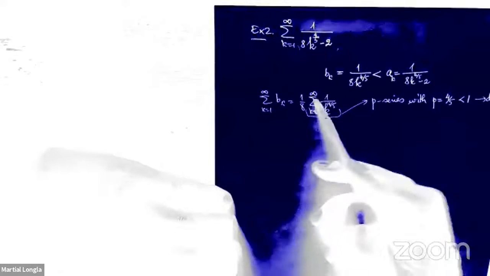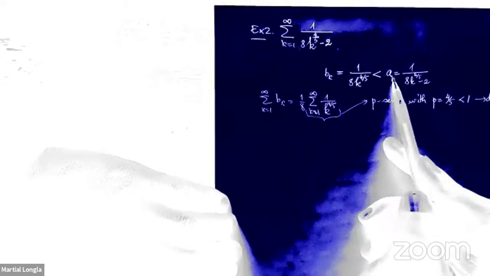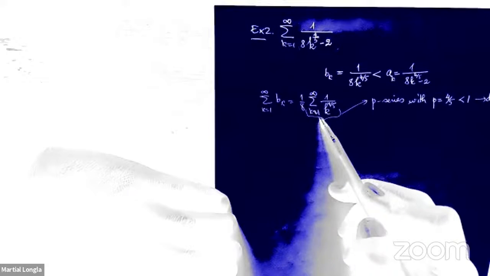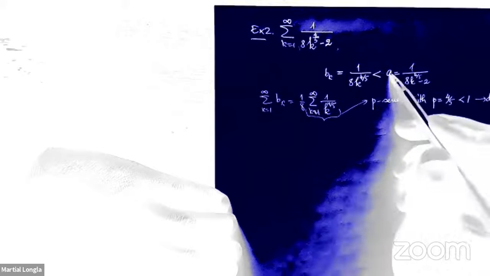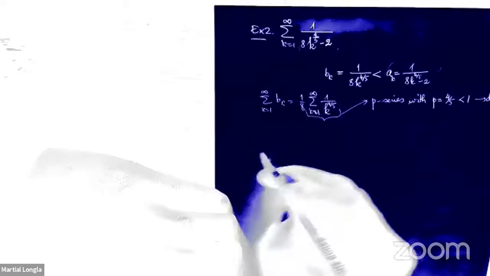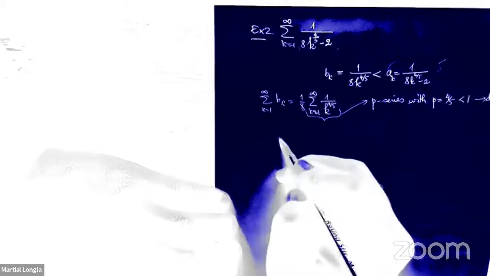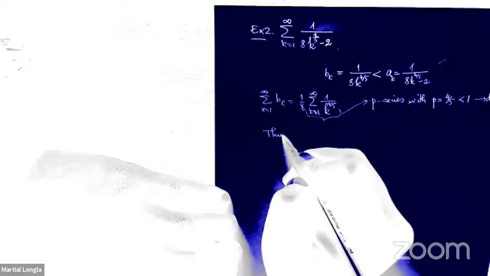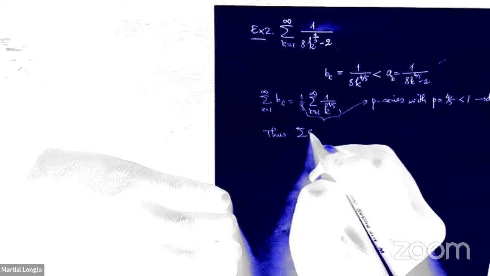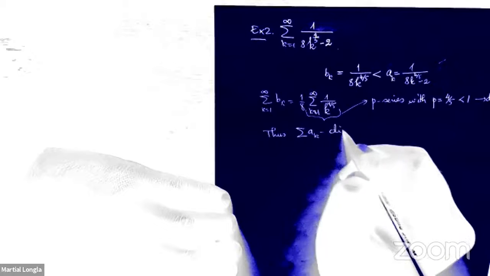So we have been able to put below this sequence a sequence whose series diverges. Therefore, we can conclude that this one diverges. Thus, sum of AK diverges.